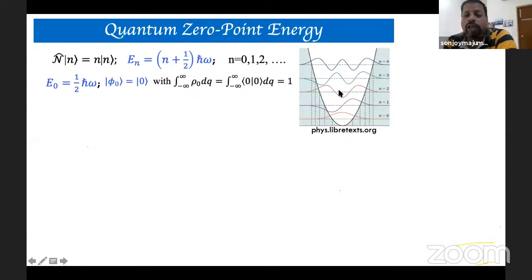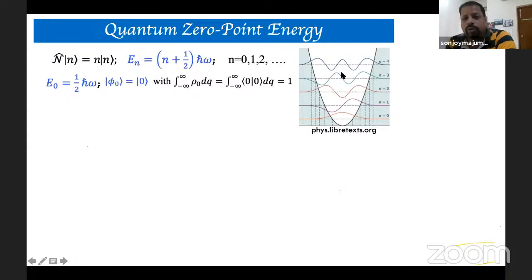Or if you have that atom or molecule already in an excited state, because of the tendency to go to a lower energy level, it can go to any other lower level and emit light.